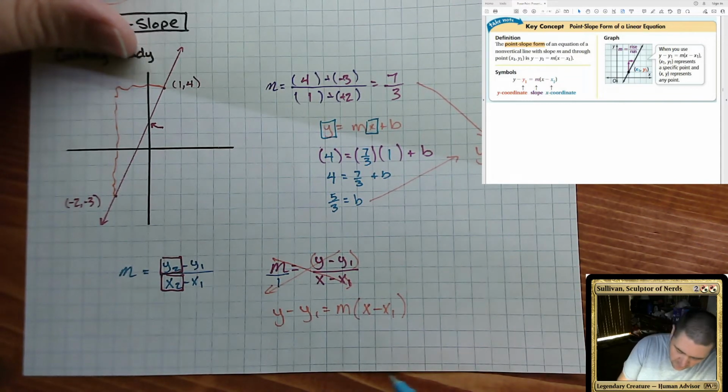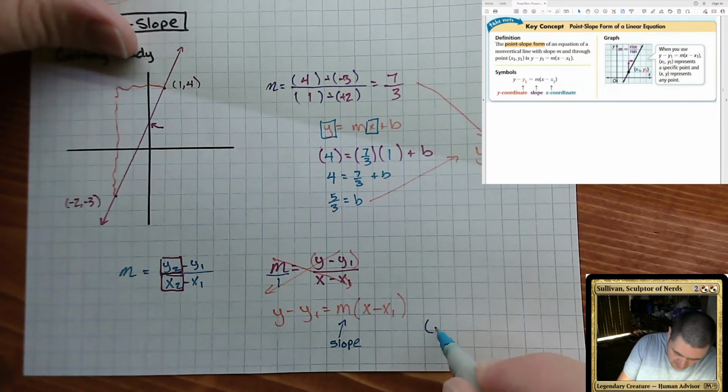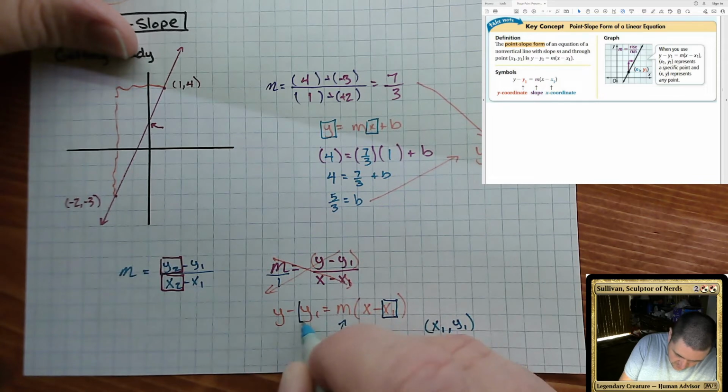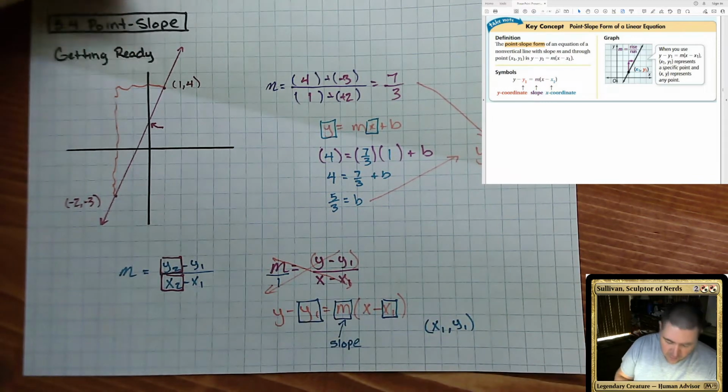We call it point slope form because m is my slope, and you see how it's y1, x1? It's going to use the coordinate x sub 1, y sub 1, and I'm going to put those numbers in right here. And then, of course, I'm going to put in m.